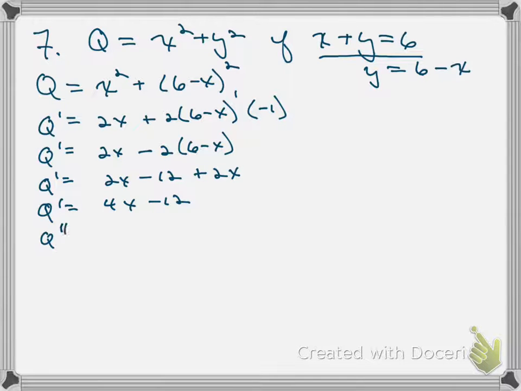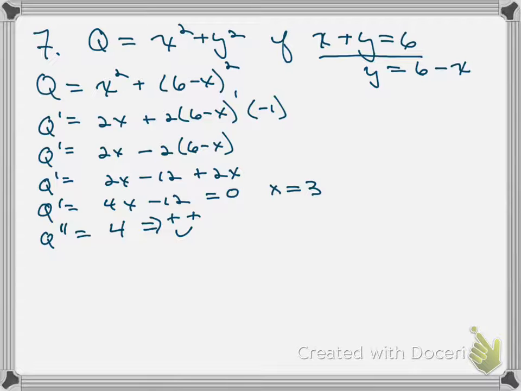Then I take my second derivative, and I get a 4, which tells me right away that I'm going to have a minimum. I have not solved yet for my critical value. Set that equal to 0, and what I get is x equals 3. They don't want x or y, they just want the minimum, find the minimum of q.